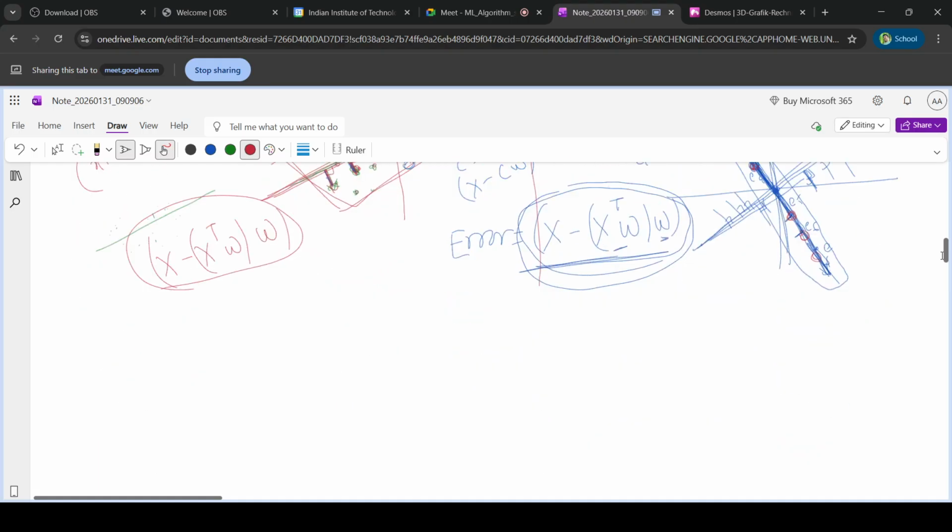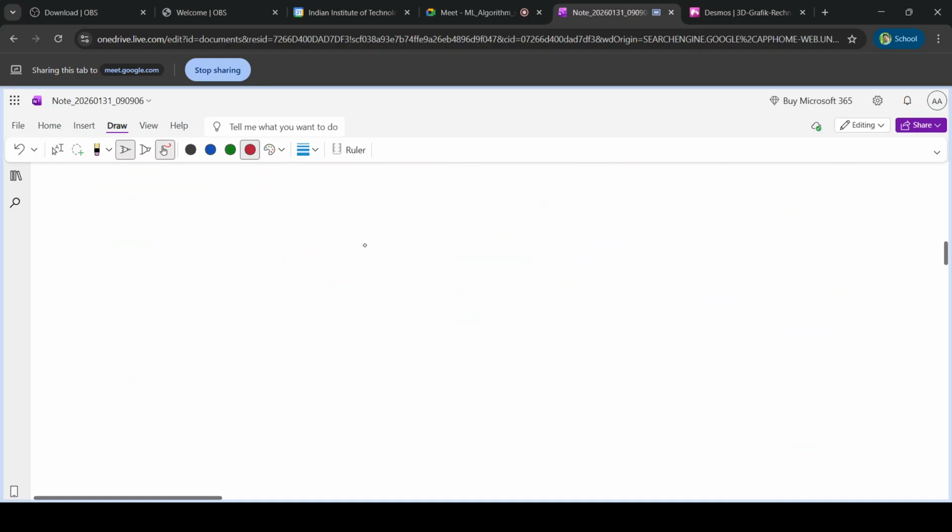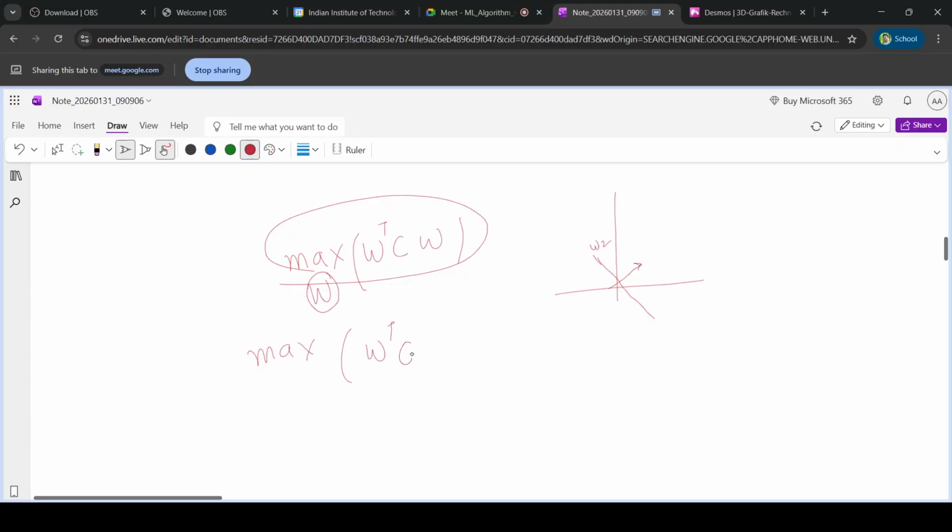So what we did earlier, maximize w transpose Cw to get w. You need some w which will maximize this value, correct? So that gives you the direction of w. In the same way you have to find the direction of w2, which gives you the max of w transpose, but now it's C dash w, correct?